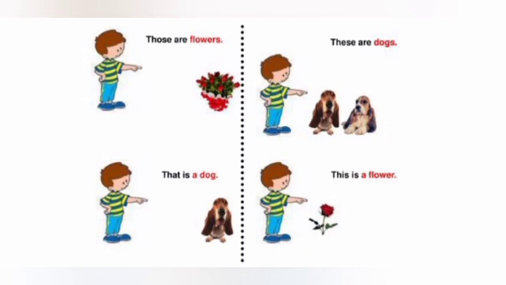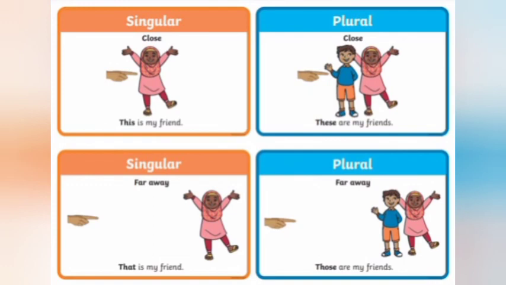So this way we have to understand the concept: if the noun is near and singular then we use this. If it is plural we use these. If it is far and singular, we use that, and if it is plural then those. So in the same way singular and plural positions are there.